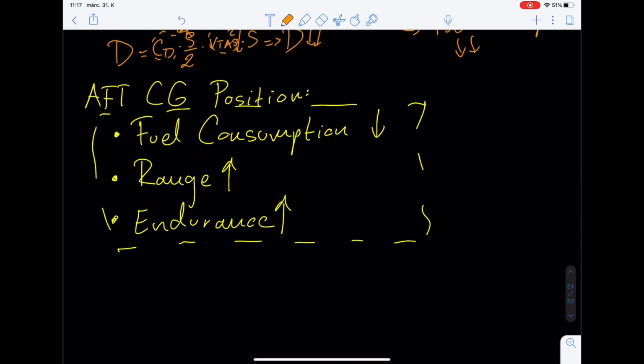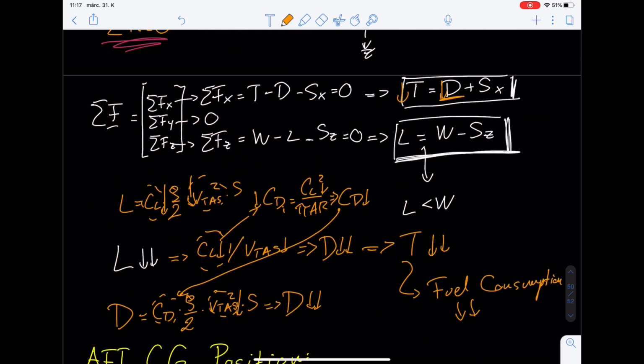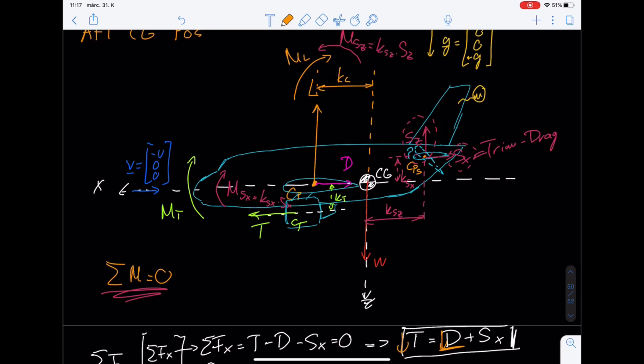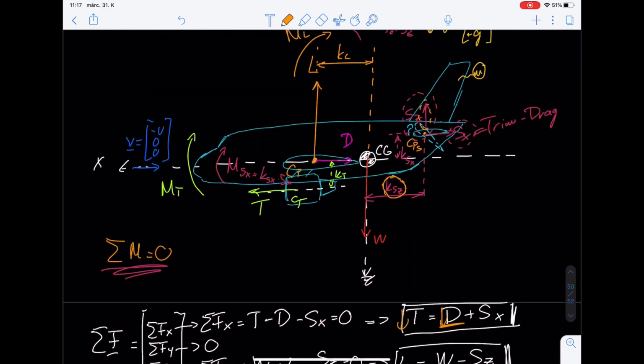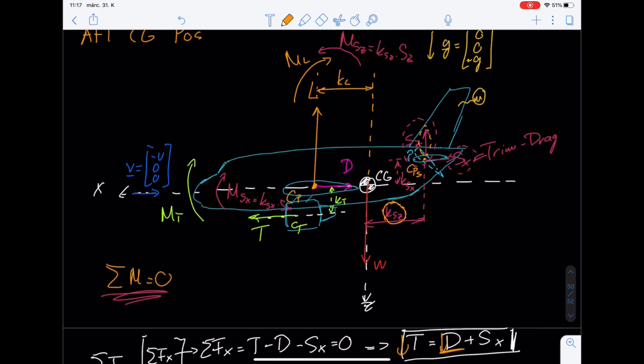But we can go ahead and look at the same two effects as we discussed before, like controllability and stability. And what we're going to see is that in contrast to the previous case, even if you have the same amount of force, the arm decreased basically. So if the arm decreased, the moment decreased, and therefore the stick force decreased.